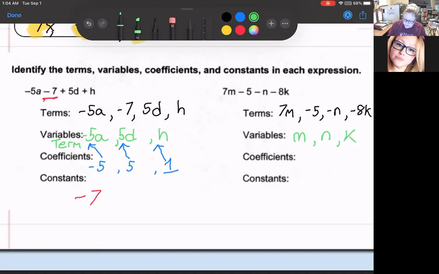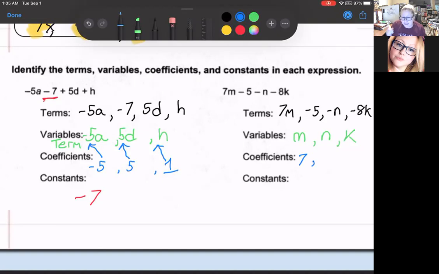Coefficients. Remember, the coefficients are the numbers in front of the variables and touching them. When a number touches a letter, it means that they multiply. Okay? That's why it's a coefficient. So coefficients, we have that 7, which is touching that m. What's touching that n?